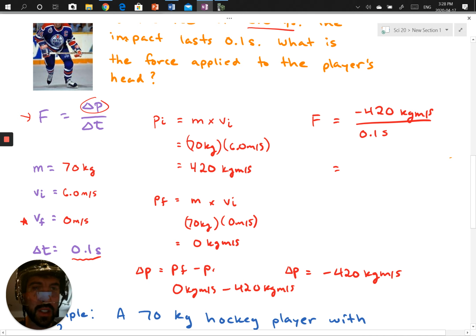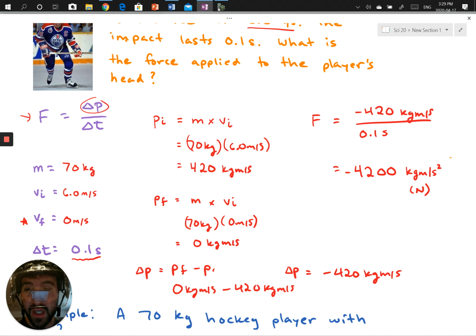Negative 420 divided by 0.1 is negative 4,200 kilogram meters per second squared, and the other name for that is newtons. So this player is going to feel 4,200 newtons of force when he hits the ice. That's a lot.